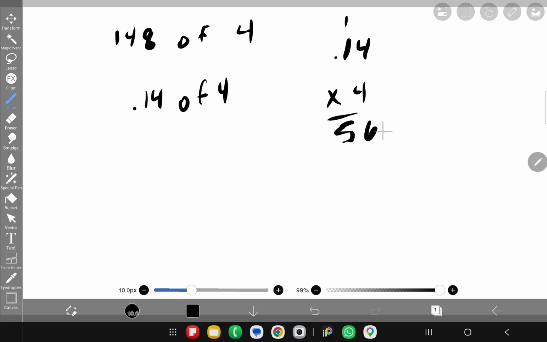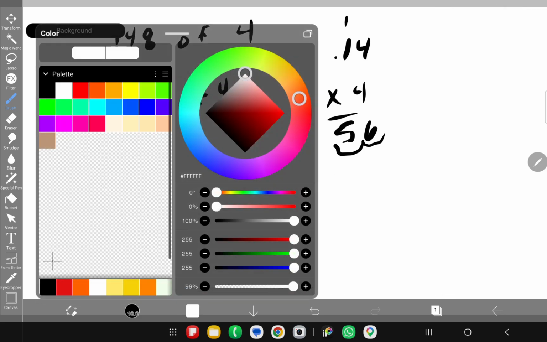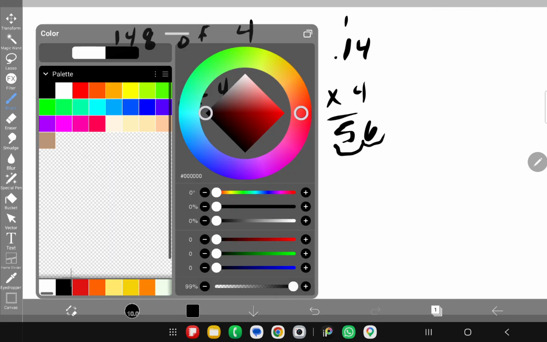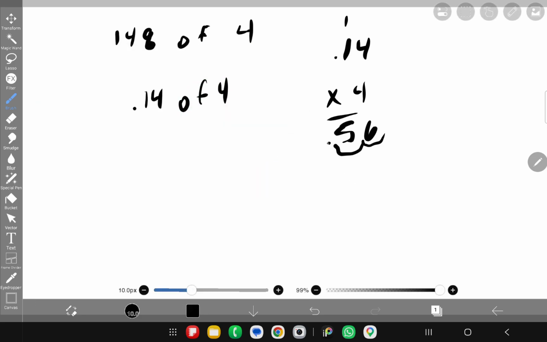So it is 0.56. So 0.56 is our answer. Whenever you multiply by a decimal point, you have to move it over the number of digits past the decimal point.